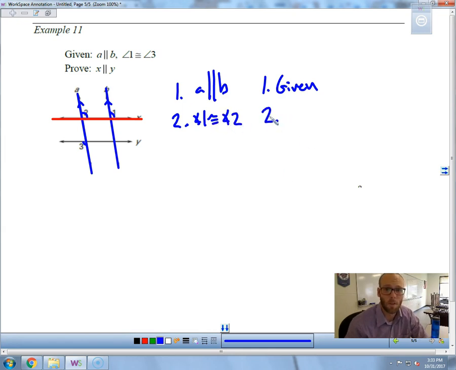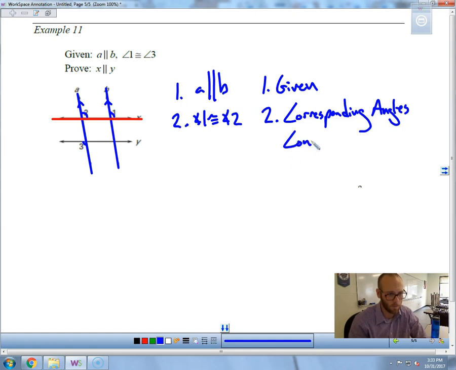Because they're corresponding angles. Now we have to be careful. Is this the original corresponding angles postulate, or is it the corresponding angles converse? Well, what are we saying? We're saying if the lines are parallel, then corresponding angles are congruent. Is that the original or is that the converse? That's the original, isn't it? Okay, this is the corresponding angles postulate.